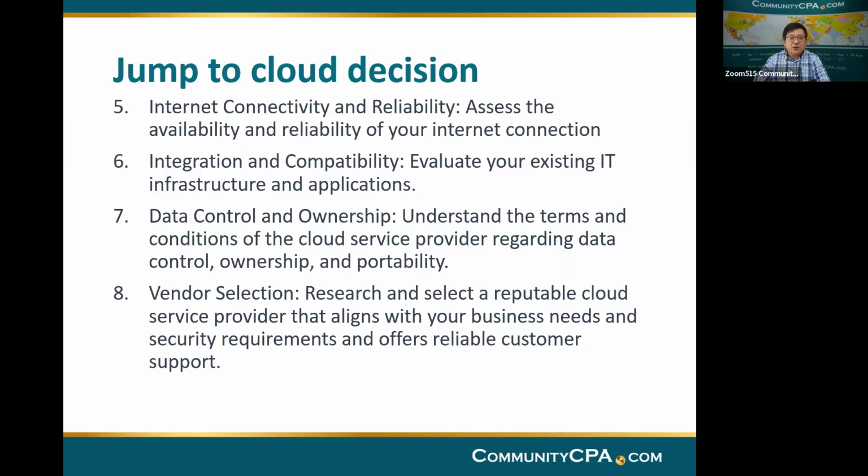That is one model. You can also be a hybrid. Hybrid means you do some computing or storage locally, and then you do some part or share some part on the cloud. This is the second model. These two models require different internet connectivity and reliability.